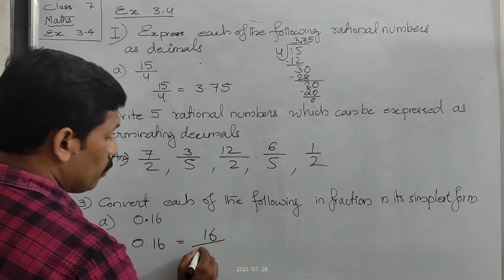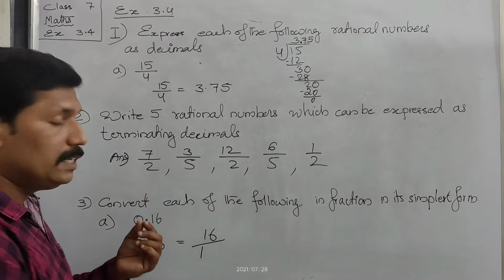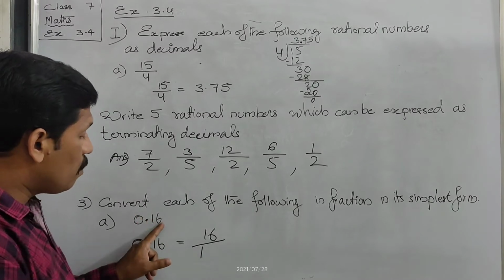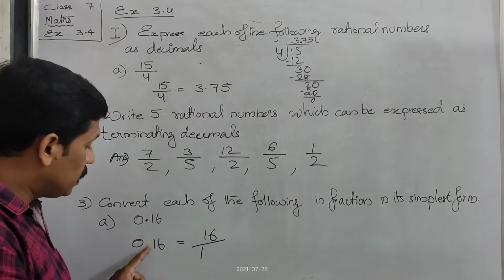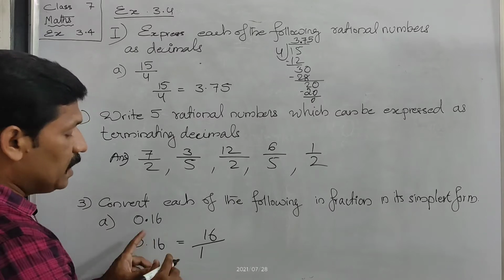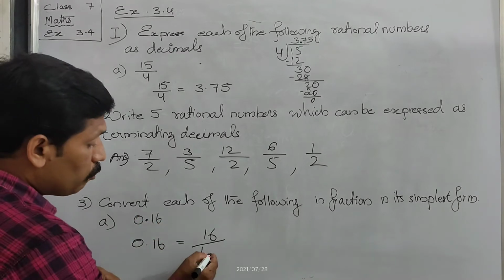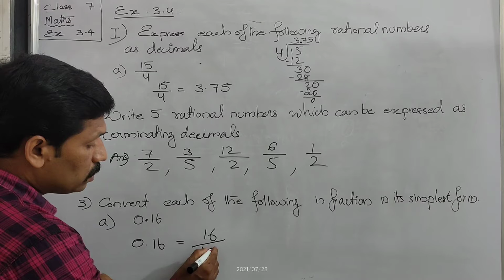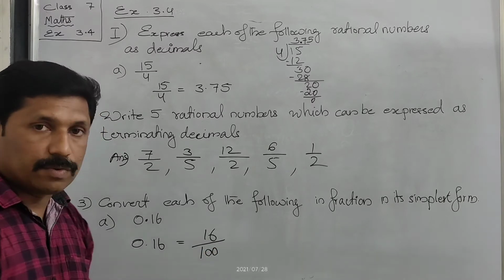And in the denominator, first we write 1, and then we see how many digits are there after the decimal. After the decimal, here 2 digits are there. That means 2 decimal places are there. Therefore, we place 2 zeros here in the denominator after writing 1.